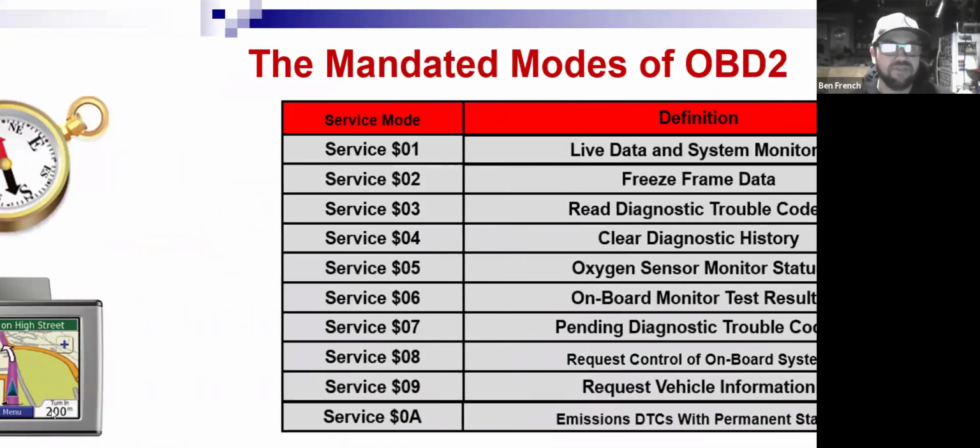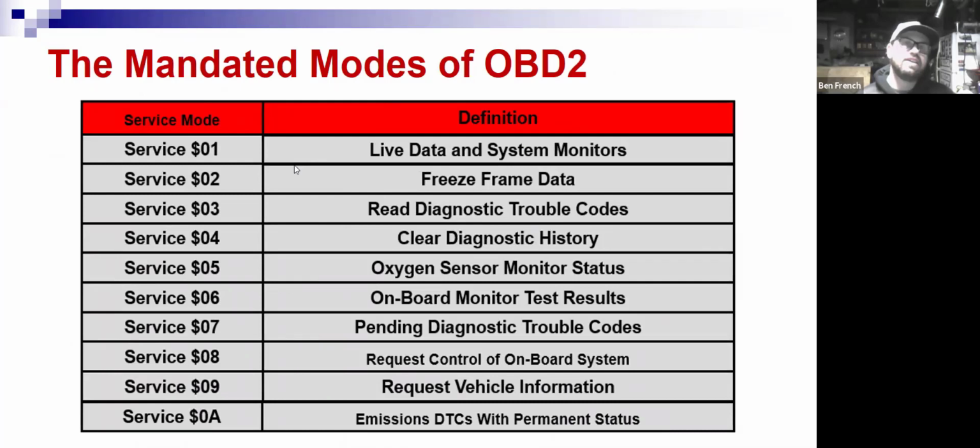All right, moving right along. We then got into the different modes of OBD2. You can see that there are 10 modes of OBD2 these days, and this is that hexadecimal language there. We've been really focusing on modes 1 through 4, but we did talk about the other modes in our class.